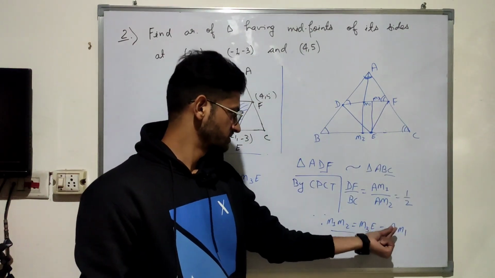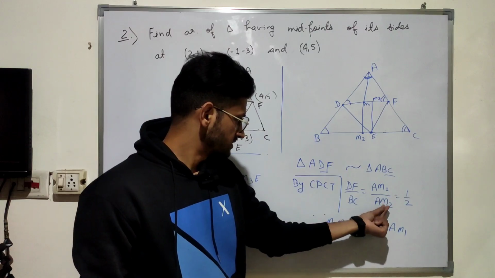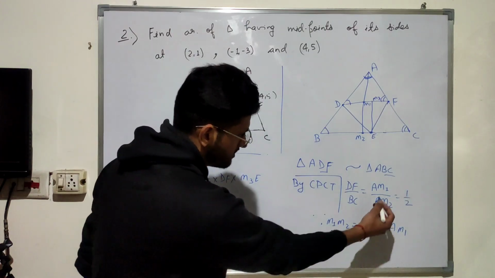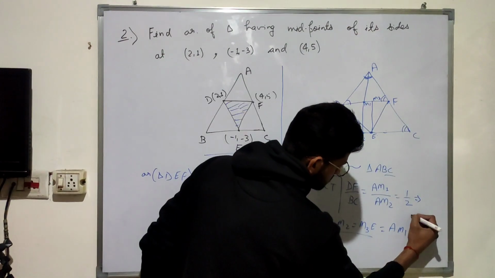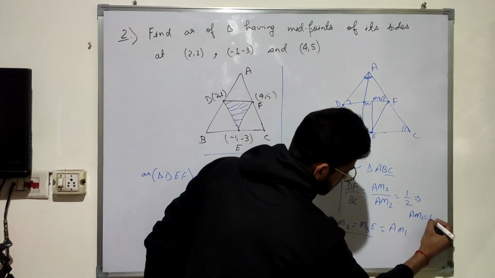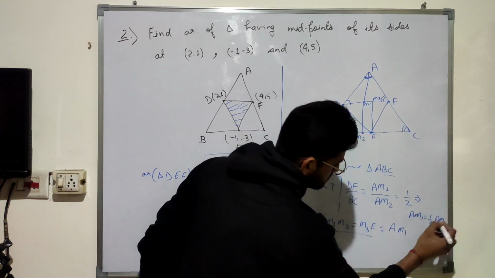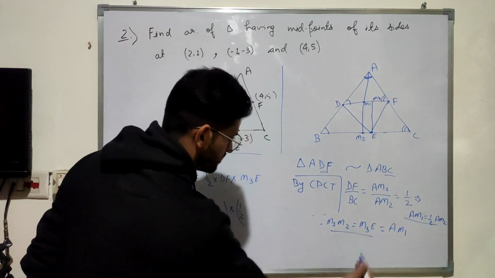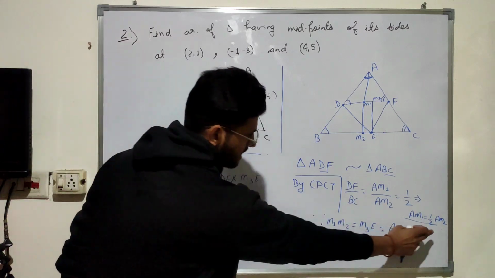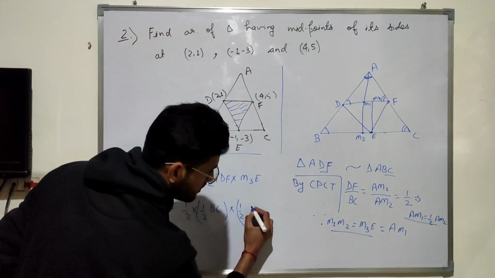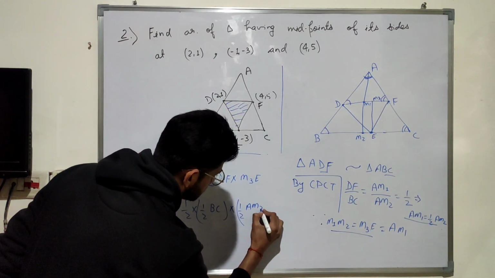So AM1 is going to be half of AM2, and AM1 is equal to M3E. So we can write it as half of AM2.